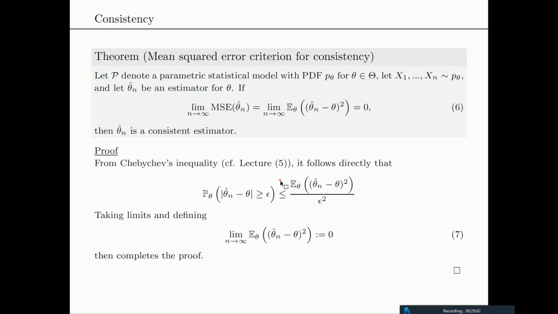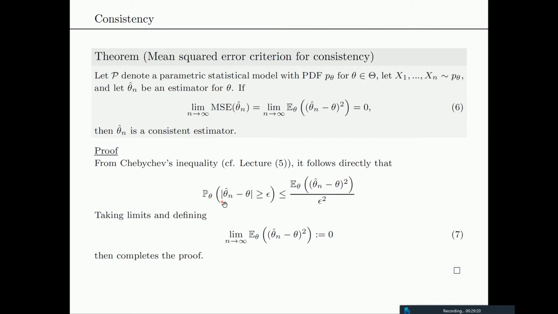So why does the mean squared error have anything to do with consistency? Well, this has to do with Chebyshev's inequality.